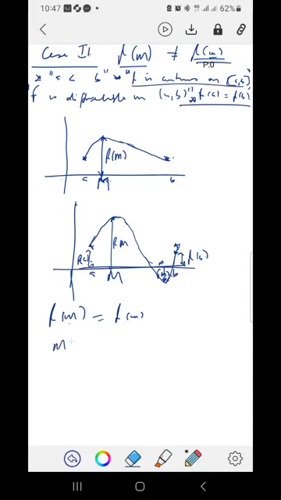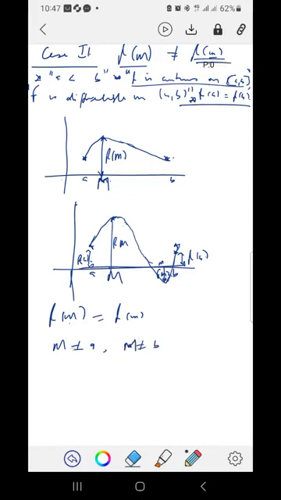That is, the one who has the highest height would not be a, and that one will also not be b.